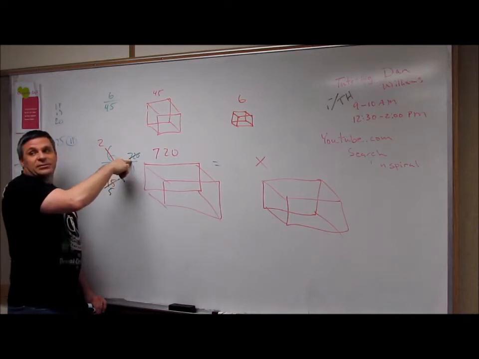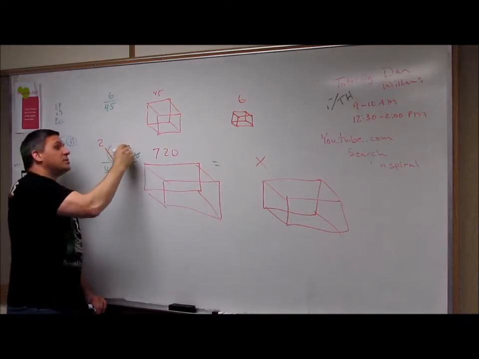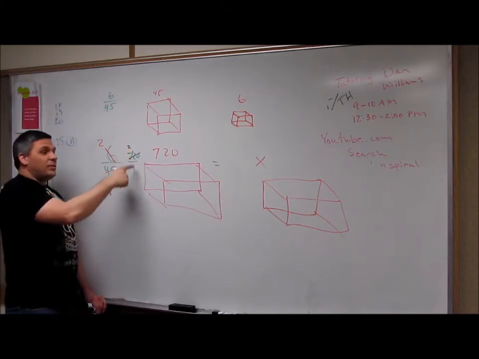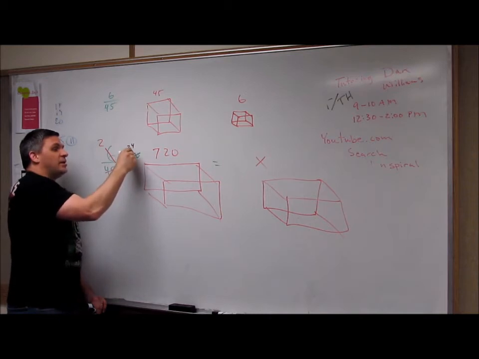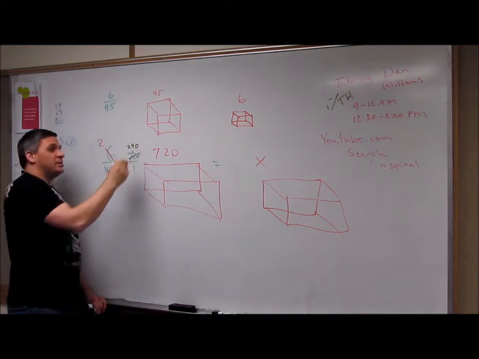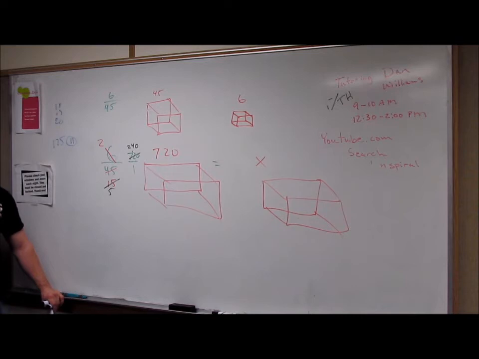3 goes into 7 2 times with 1 left over. 3 goes into 12 4 times with none left over. And 3 goes into 0 0 times, right? So you got 240 there. Does 5 go into 240?